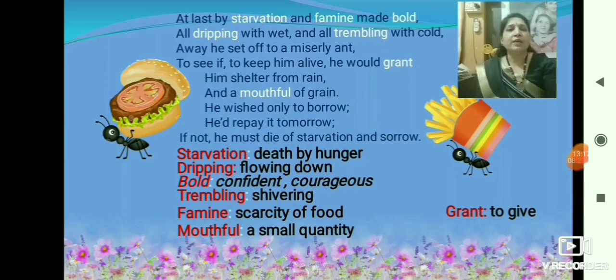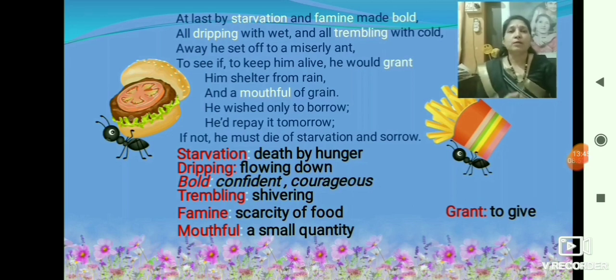To see if, to keep him alive, he would grant him shelter from rain. To see if means to see whether, suppose might be, है ना. To keep him alive means खुद को जिंदा रखने के लिए. He would grant means the ant would give him shelter from rain.